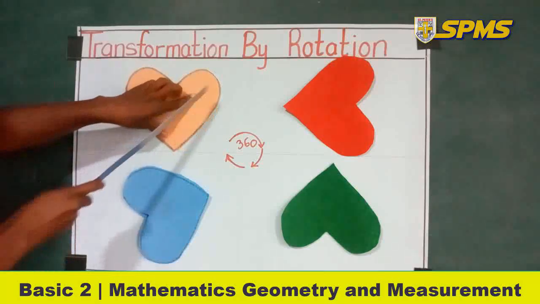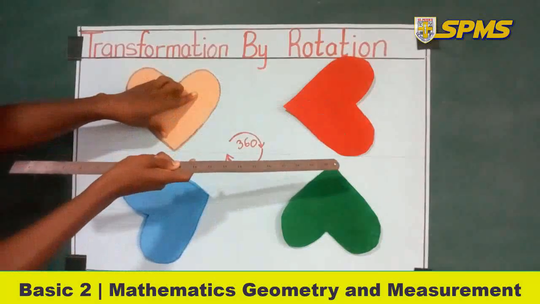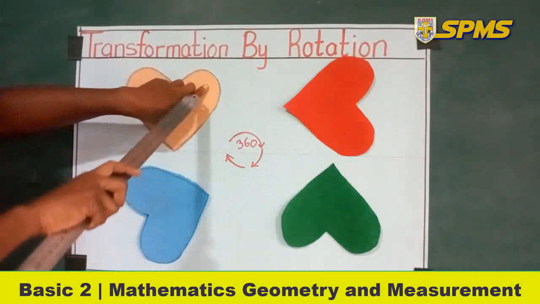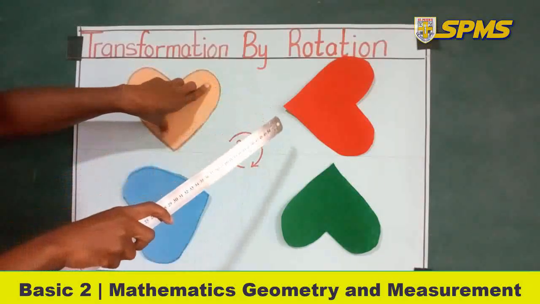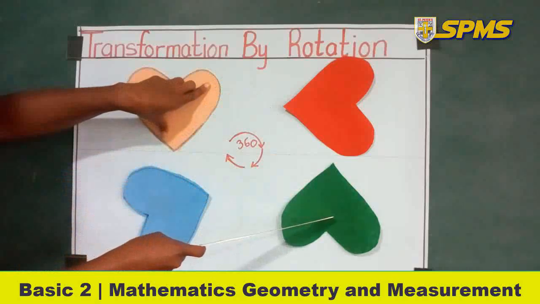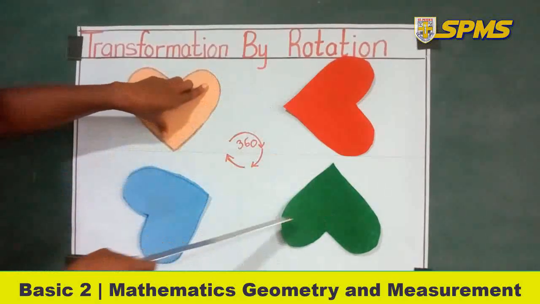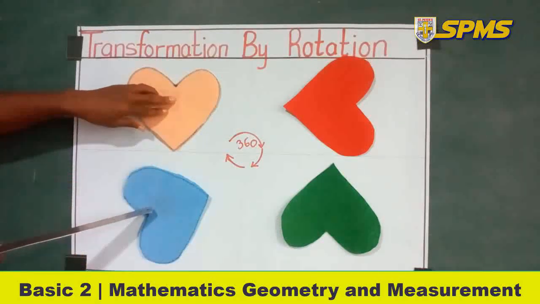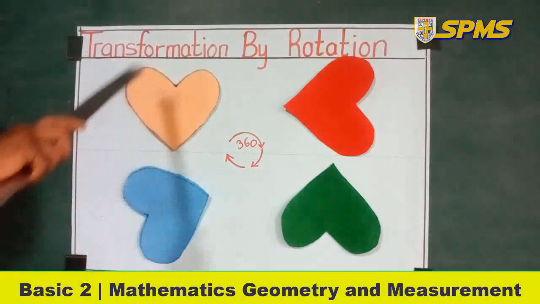We went round. We turned this because we assume it is going round about. We came to the green hat and our shape looked like this. Our last rotation was the blue one. So we moved round about.